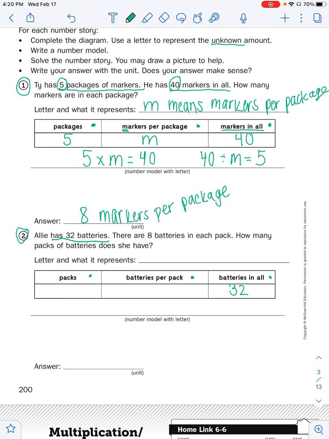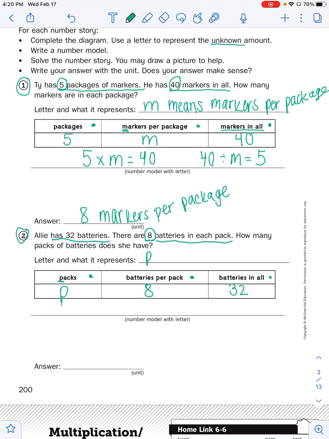All right. The next thing that we know is that there are 8 batteries in each pack. So is that going to go in packs or batteries per pack? Well, it's going to go in batteries per pack. 8. Now the only one we have left is packs. So that is what we're going to be solving for. That's our unknown. So I'm going to use the letter P to represent packs to help me solve.